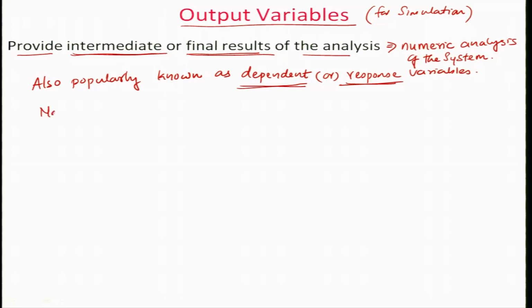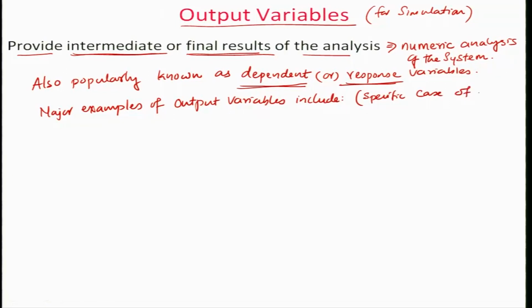So, major examples of output variables include, let us consider a specific case of a manufacturing system.